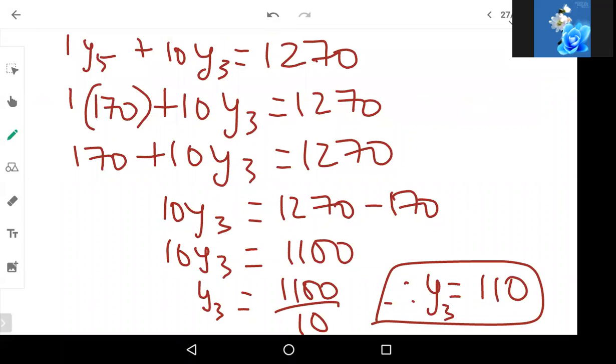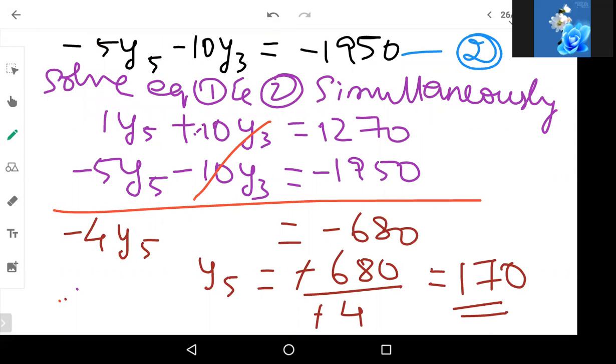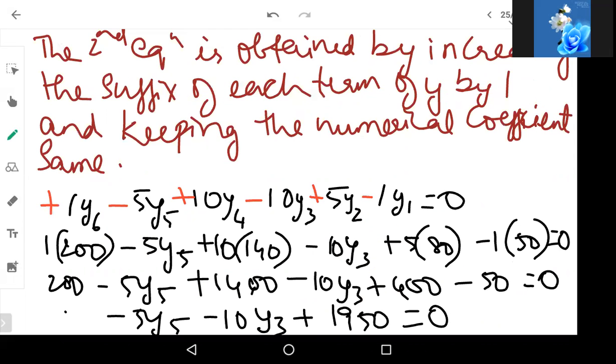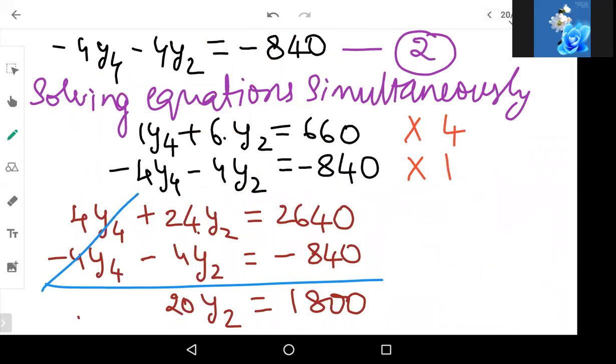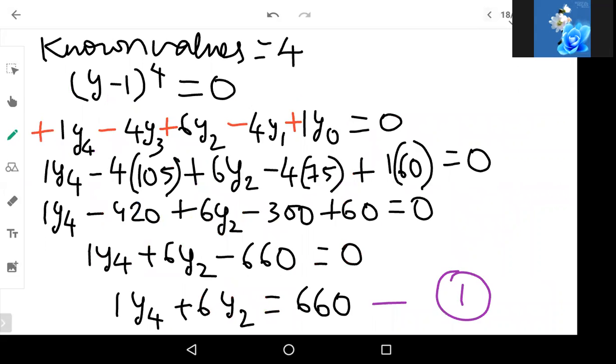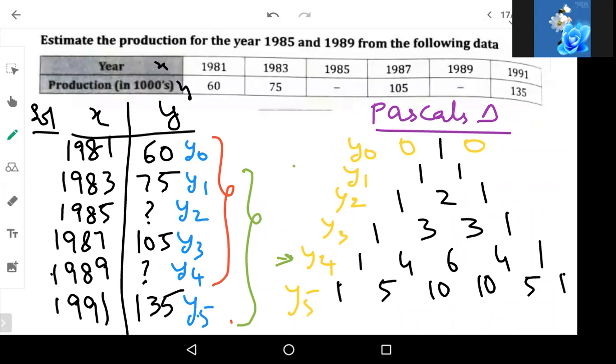Where did I subtract it with 4? Okay, you're asking with the Pascal triangle, right? Yeah, so that depends on the known values. Now, if you see this known values, how many values you know? 1, 2, 3, 4.